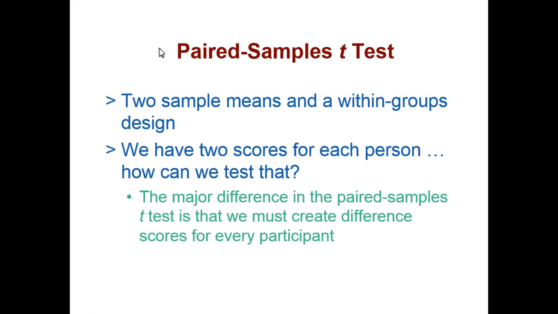All right, so we're going to get into paired samples T or dependent T. So it's a 2-sample mean and a within groups design. See, these are from the book, and they've already called it 2 different things. Right? So this is a dependent T, repeated measures design. It's sometimes called within groups. Okay, dependent T equals paired samples.